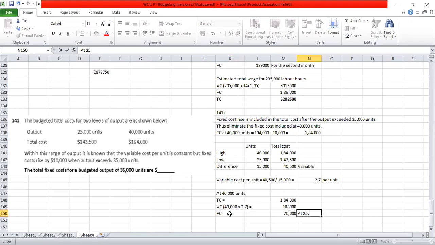But once fixed cost till, or up to, let's put it as up to 35,000 units. Once it crosses 35,000, fixed cost will be 76,000 plus 10,000.